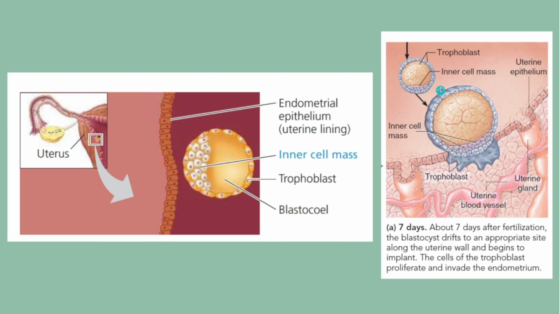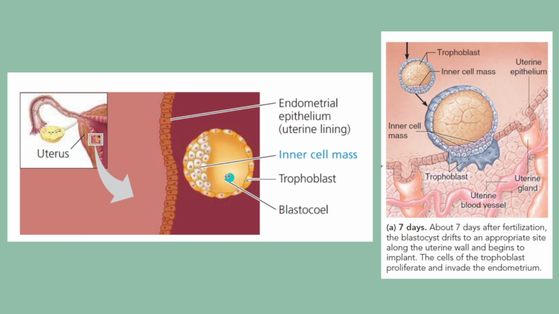So we know that the blastocyst contains three different structures. The outer surface cells we call the trophoblast. The inner part we call the inner cell mass.